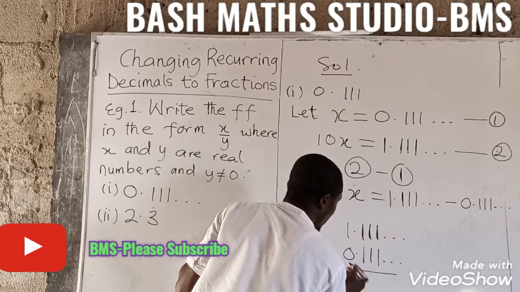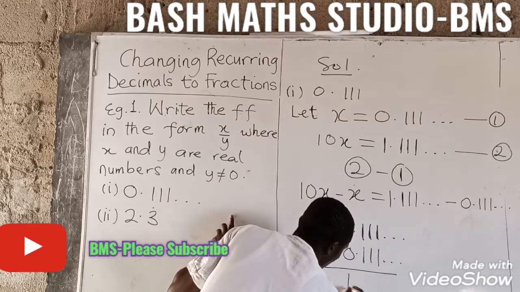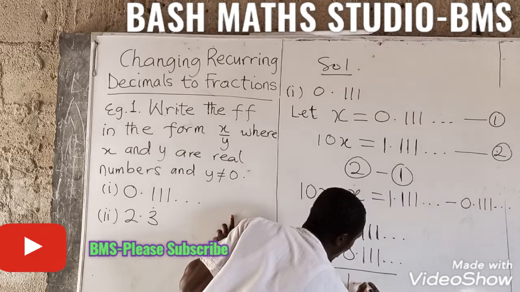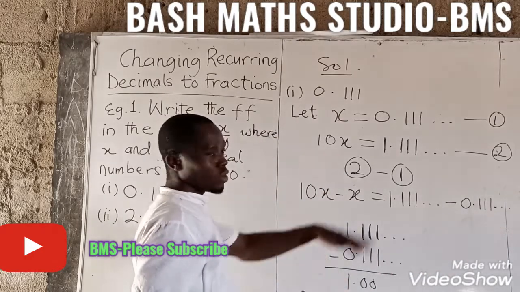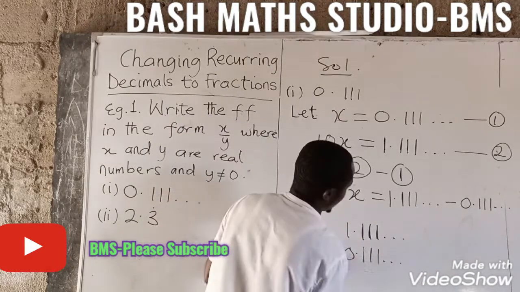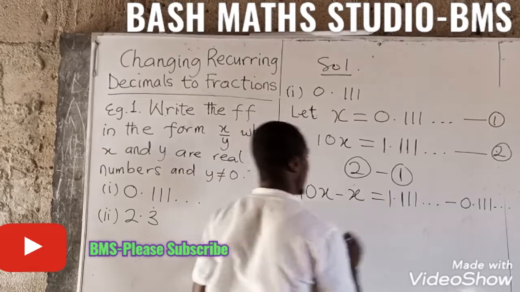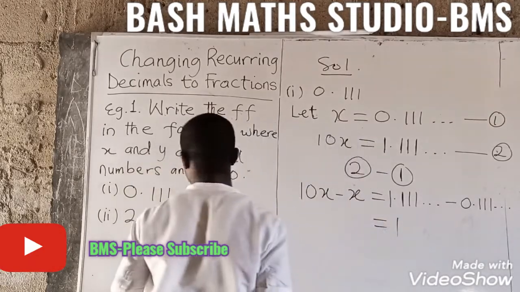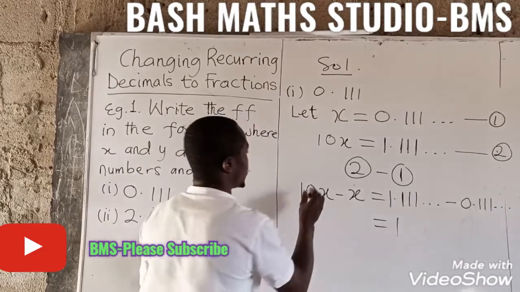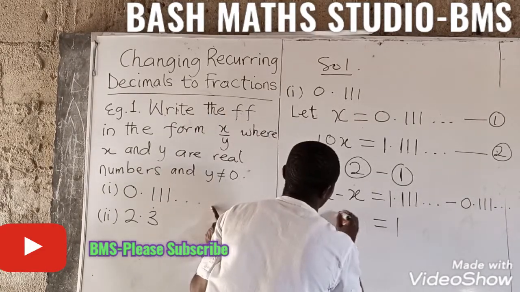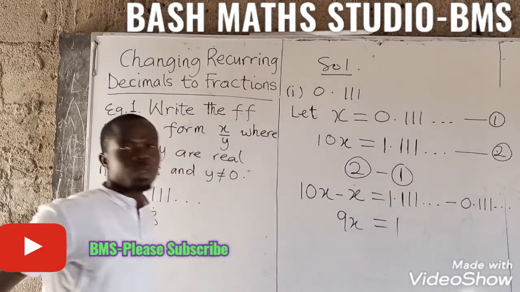Then you subtract 0 from 1, and you get 1. So it's just going to be 1.000 and so on, and 1.0000 is just 1. So we are going to get just 1. And then when you subtract x from 10x, we are going to get just 9x.